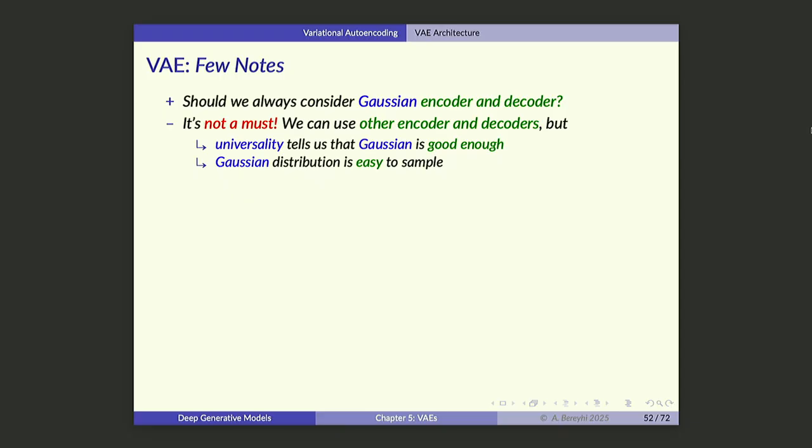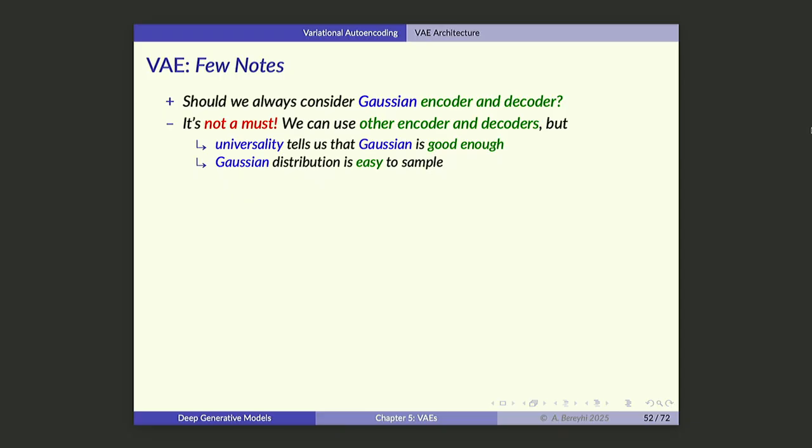This is one thing. And the other thing is that this Gaussian distribution is perfect when it comes to sampling, right? And we really want to use them later for generation. So, even when we are doing the training, we need to sample from them, right? So it is important to always work with easy-to-sample distributions. Gaussian is perfect in that sense.